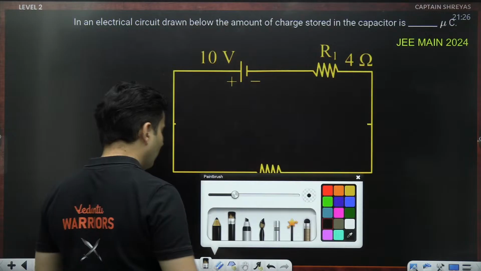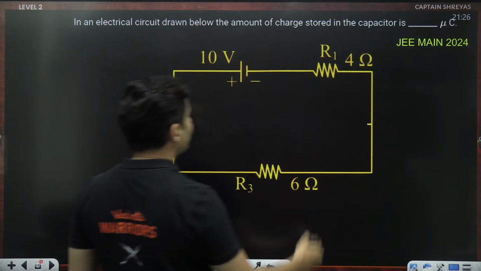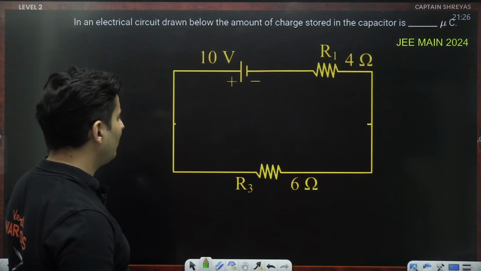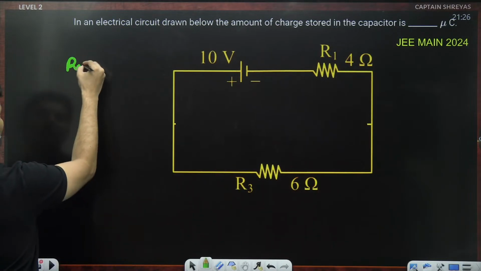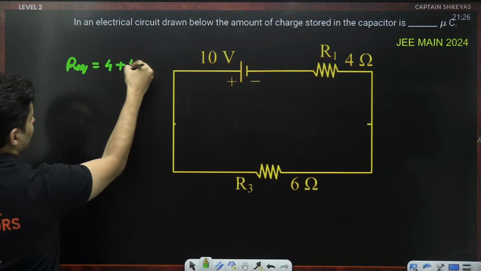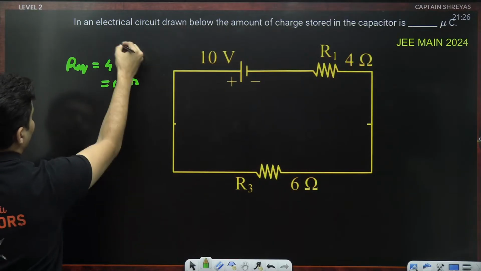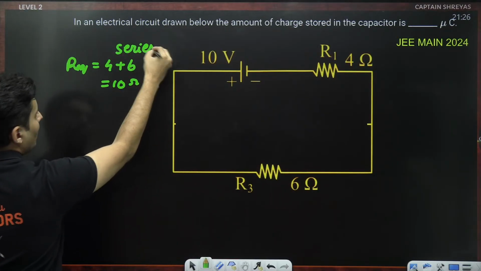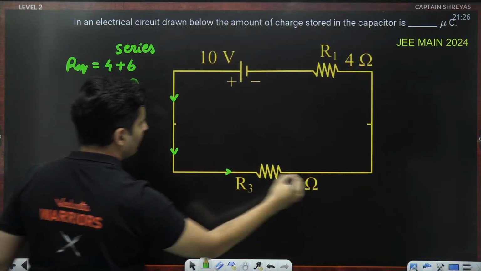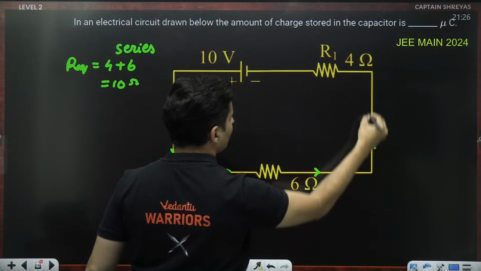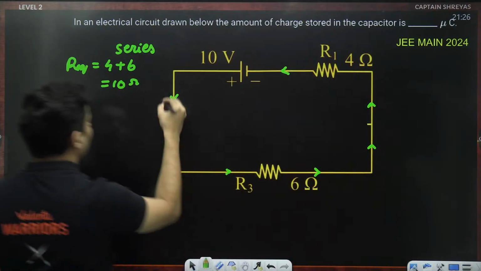Okay, fair enough. Now what do we do next? Now I'll say that 4 ohm and 6 ohm are in series with the 10 volt. So the equivalent resistance, which is 4 plus 6, which is 10 ohm, they are in series. I can find the current in this particular circuit, which goes like this, right?